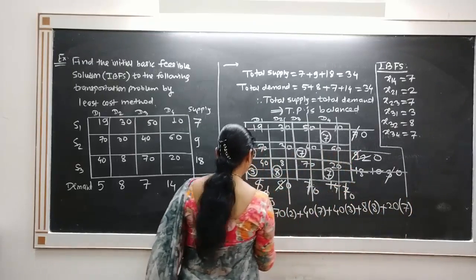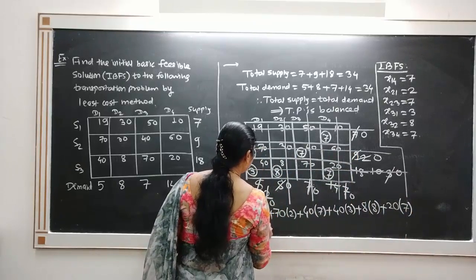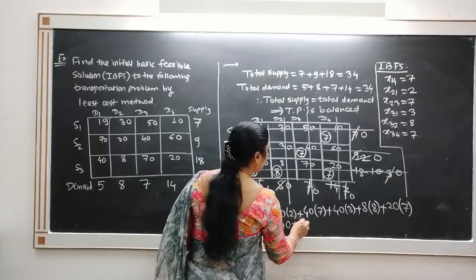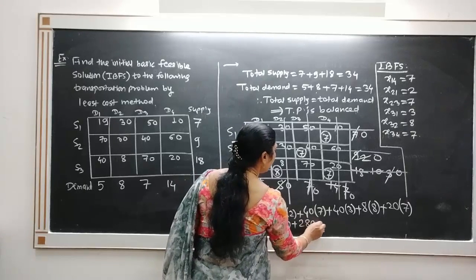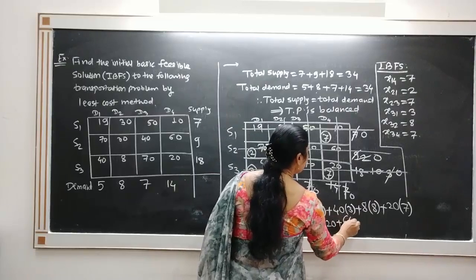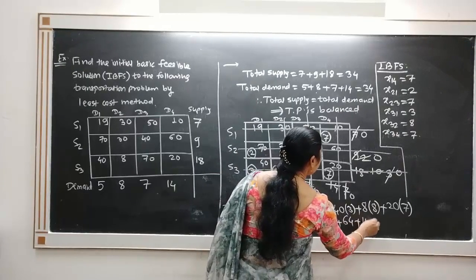To do the addition, this is nothing but 70 plus 140 plus 280 plus 120 plus 64 plus 140.